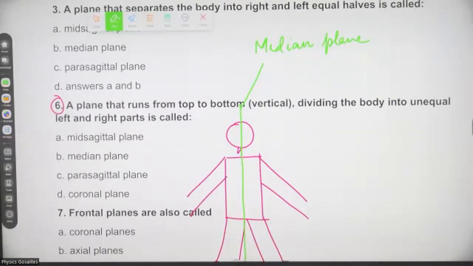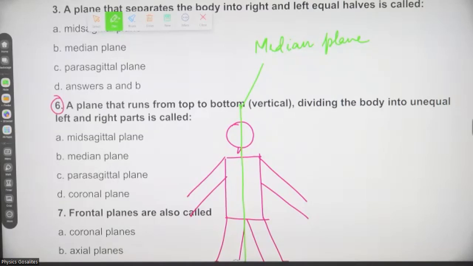Okay, a plane that separates the body or structure into upper and lower part is called transverse section. Where should I look for the answer? How can this be muted?